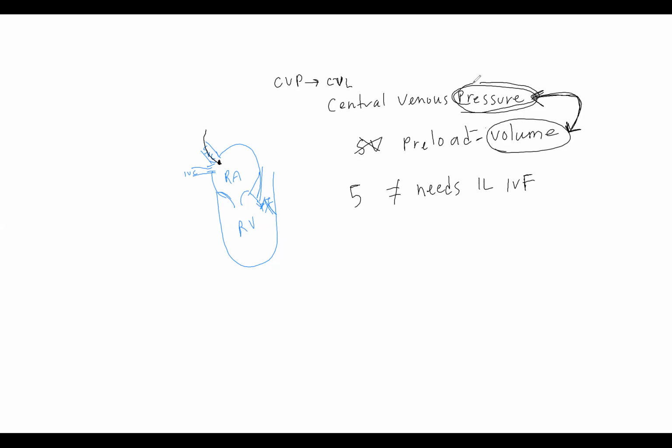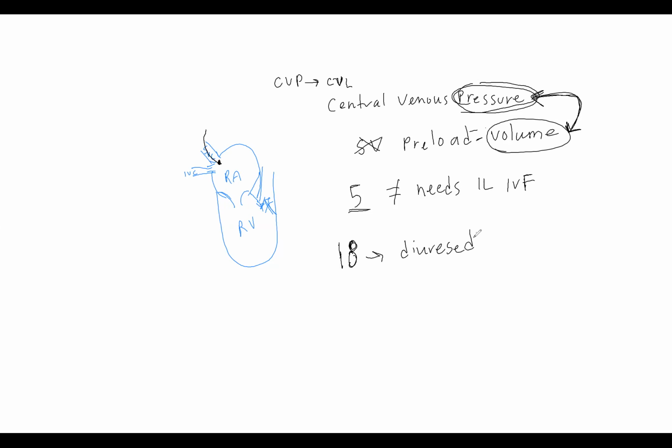CVP can be a very useful tool, especially if it's a trendable number. And the concern that I more have is not with very low numbers, but is more so with very high numbers. So we're going to take a CVP of, let's say, 18. Okay, so I've got a CVP of 18. Now, perhaps that tells me that somebody needs to be maybe diuresed.